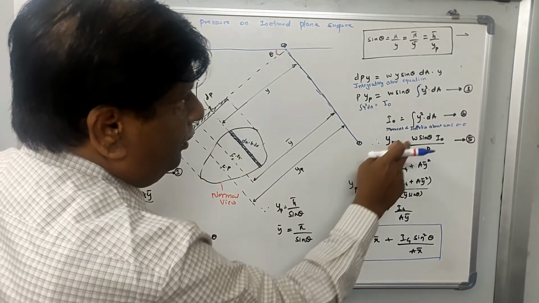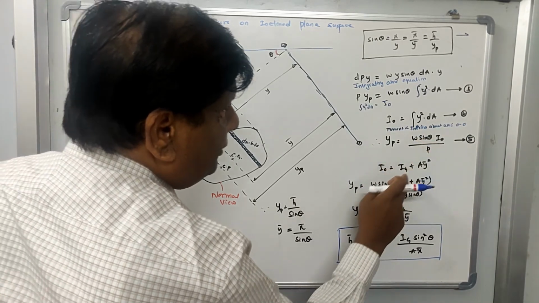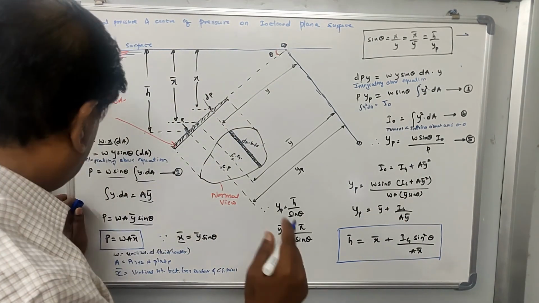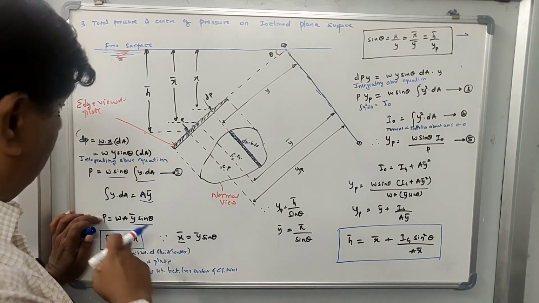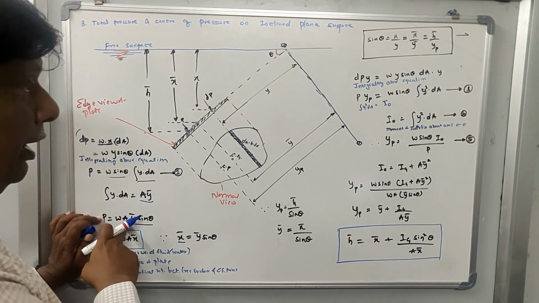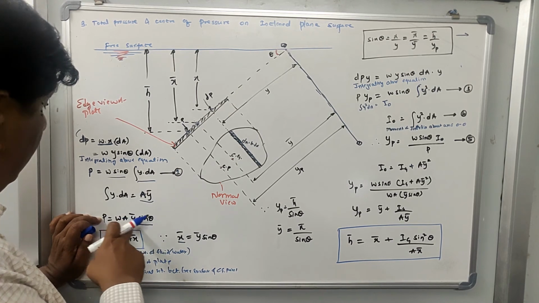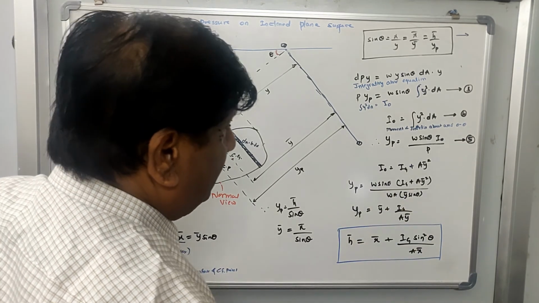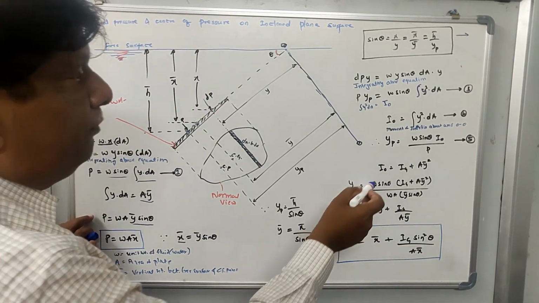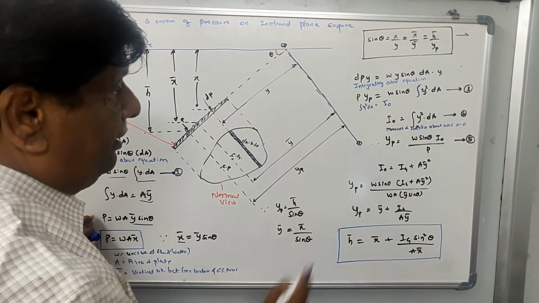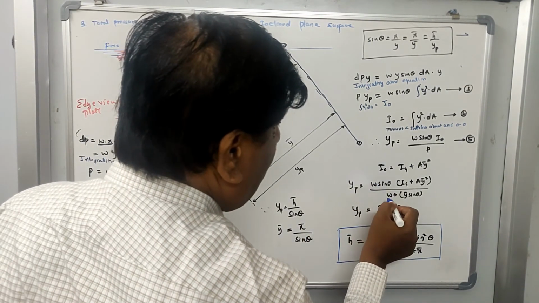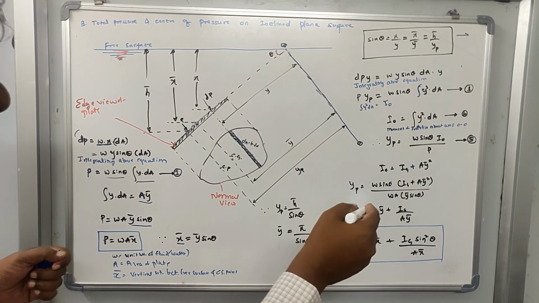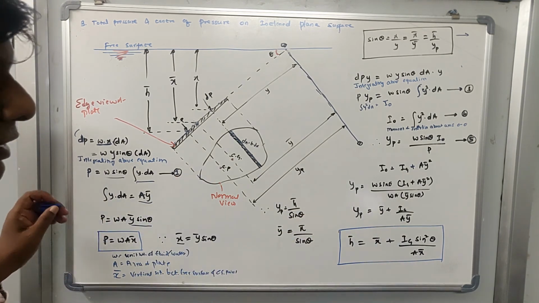Therefore, yp is equal to W sin theta times IG plus A y bar square, divided by the total pressure P. The total pressure P is equal to W A y bar sin theta, as we have already derived. Simplifying this, W cancels, so IG sin theta divided by y bar sin theta. You just simplify this.